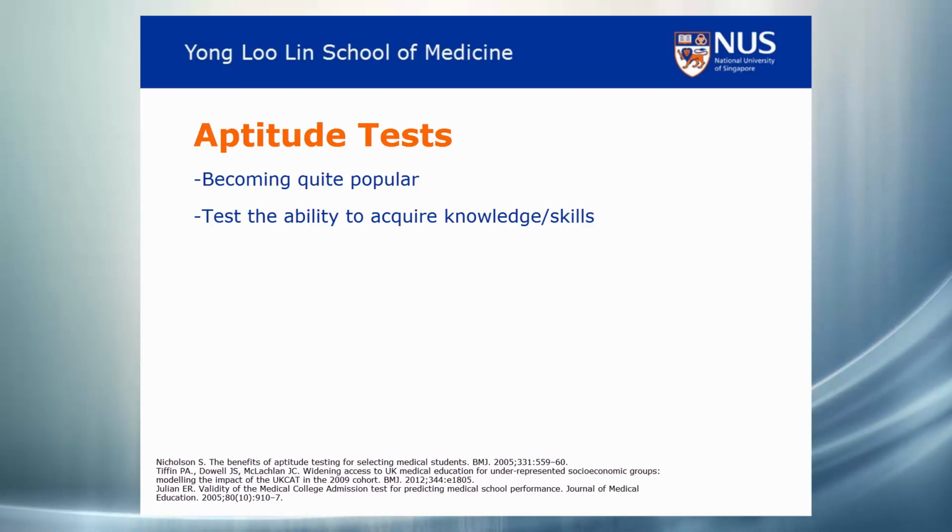A-level and secondary high school results focus on crystallized knowledge, whereas the aptitude test focuses on what we call fluid knowledge, the ability of the candidate to acquire knowledge or skill sets.